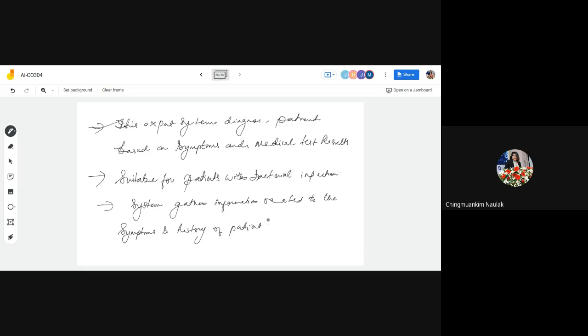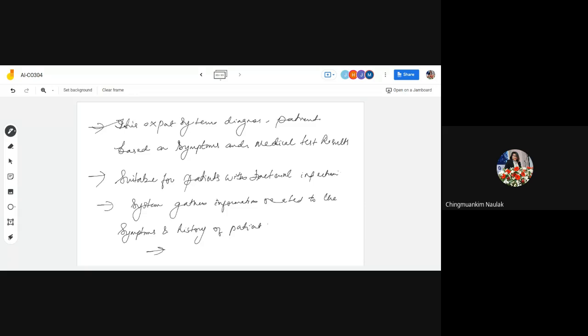For example, let's say you have some facts like the patient has a bacterial infection and the patient is vomiting. The patient is also experiencing diarrhea and severe stomach upset.